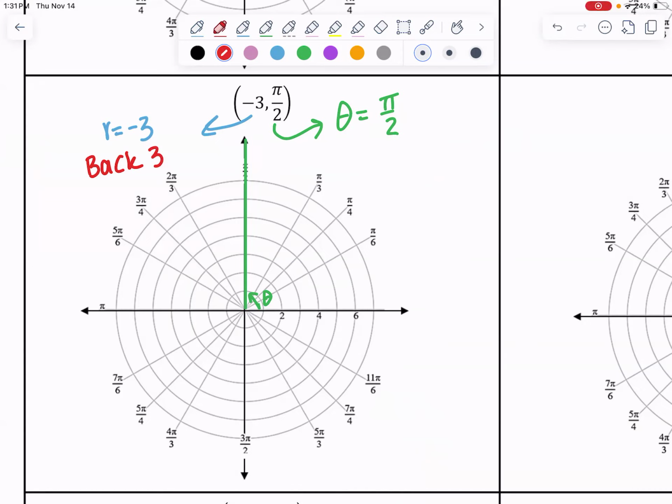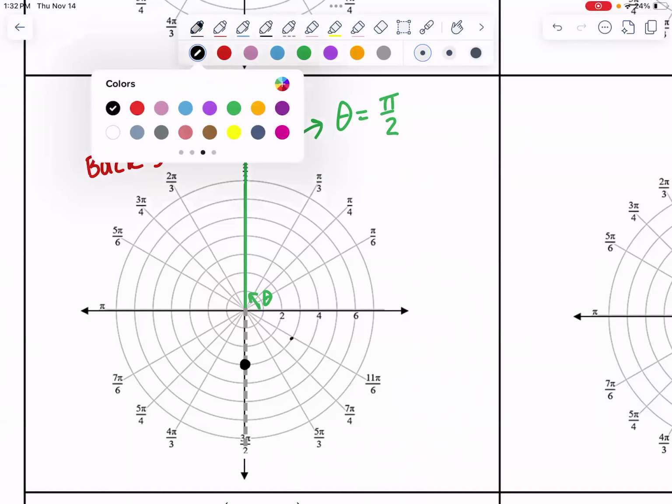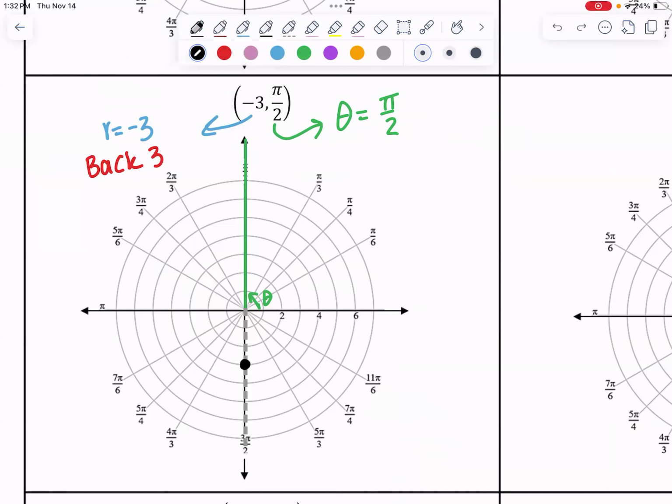Opposite direction 3 is really what it means, right? So the opposite direction of pi over 2, just straight down this way. We're going to go back 3 units on that line. So 1, 2, 3. -3 comma pi over 2.